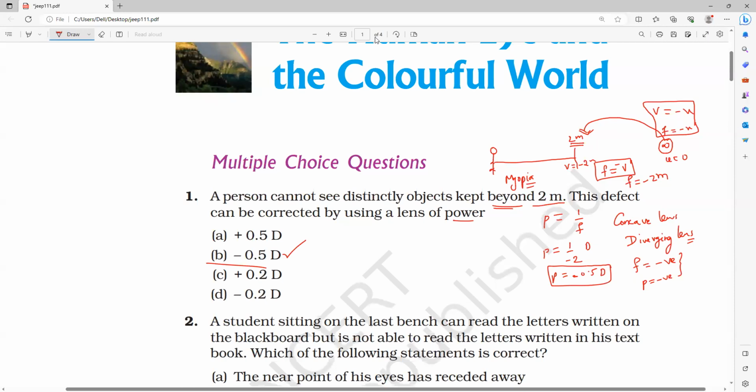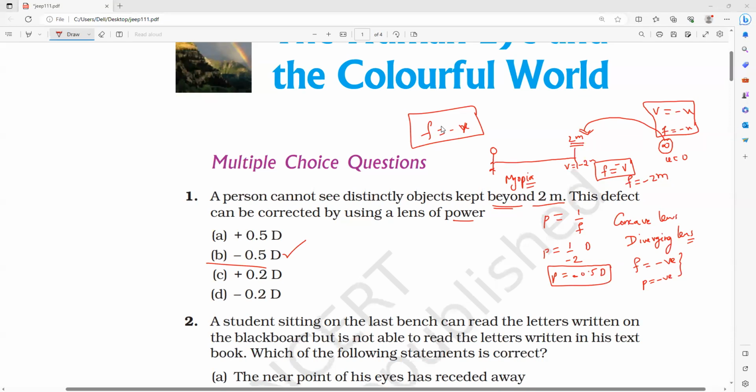So here you have to write the shortcut. What is the shortcut? F is equal to minus V, or we can say generally F is equal to minus X. So in the case of myopia, always remember the focal length of the concave lens used for the correction of myopia is always equal to the distance of the far point of the myopic eye.